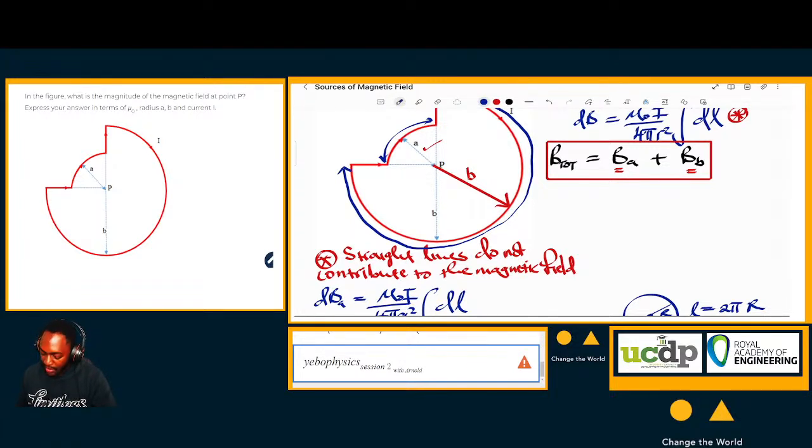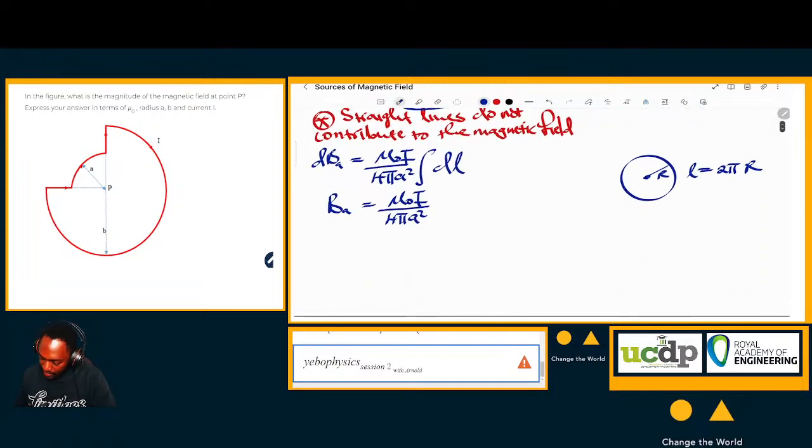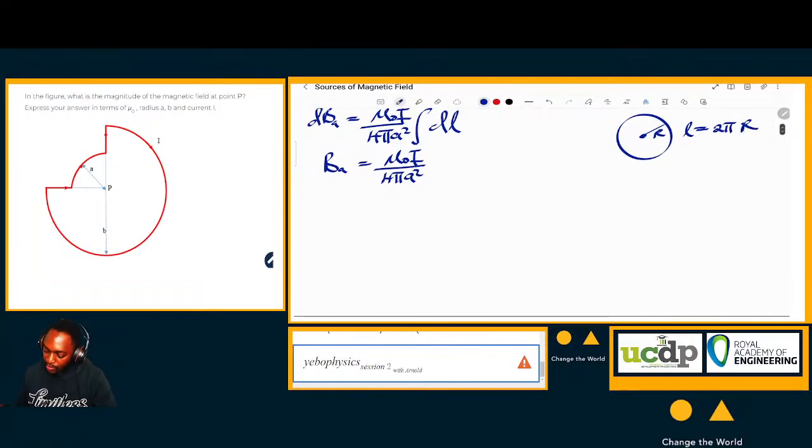You can see by the angle there, this is just 90 degrees. So it's going to be a quarter of 2 pi r, that will be 2 pi A divided by 4, because it's a quarter.